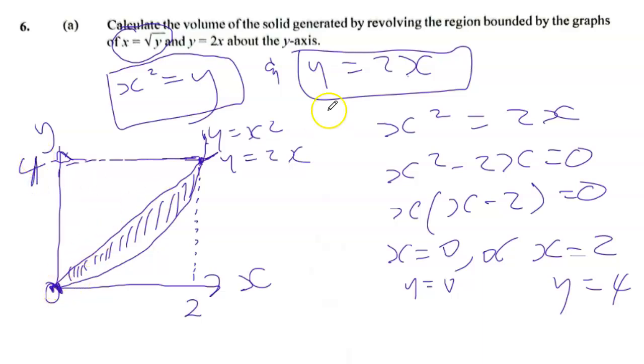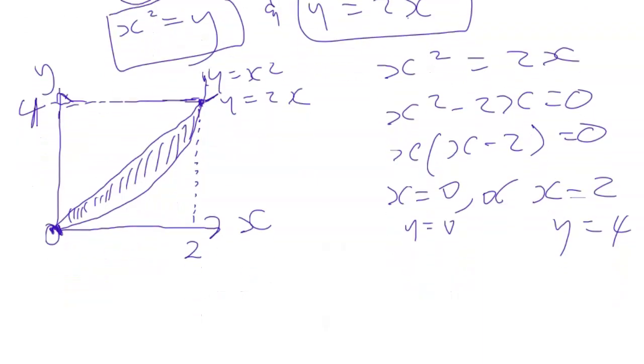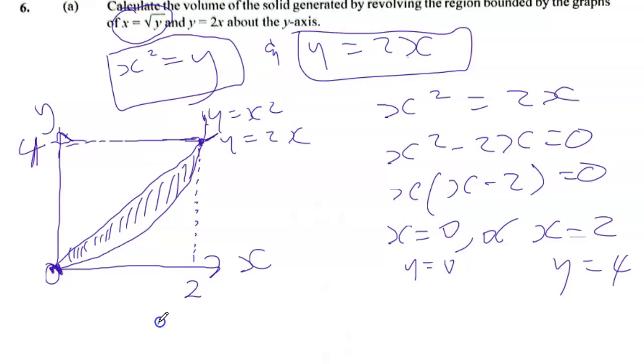What we are using is about the y-axis. So we'll be using the y limits, 0 and 4. So the formula for volume about the y-axis is pi times the integral of x squared times dy.